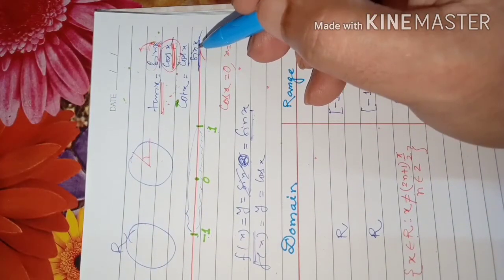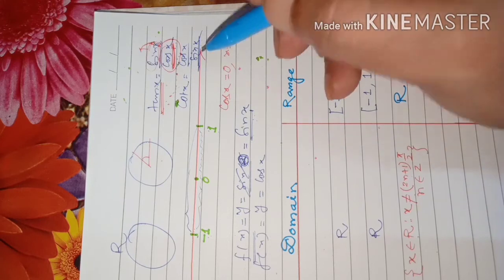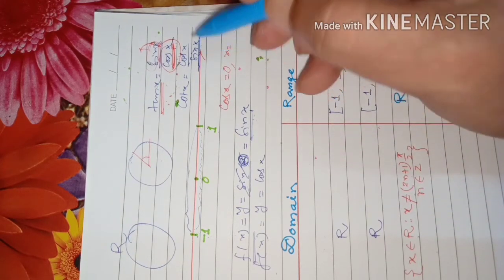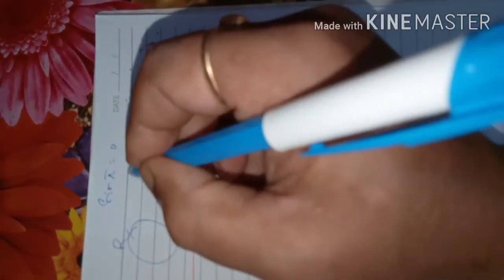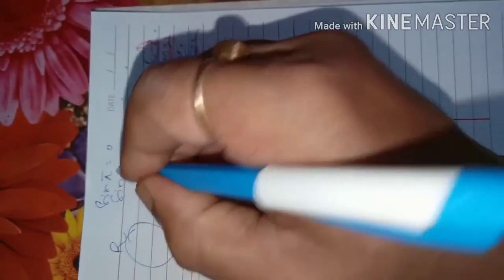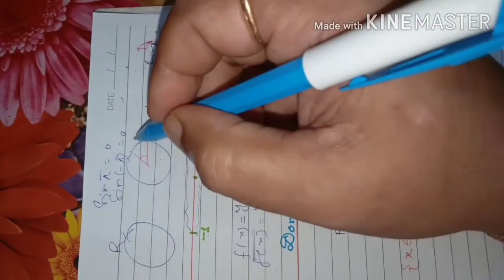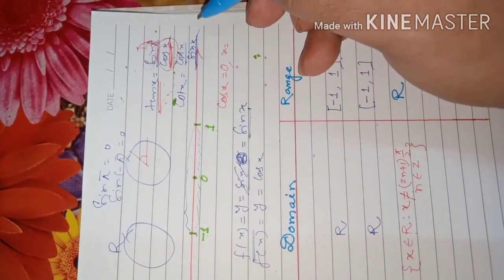Sine becomes 0 only when it is an integral multiple of pi. Integral multiple of pi means n pi. If it is sine pi, then it will be 0. If it is sine minus pi, then also it will be 0. If it is sine 2 pi, then also it will be 0. So all those values we have to avoid.